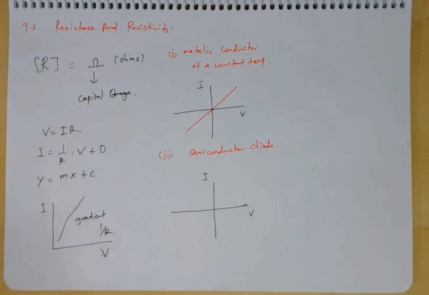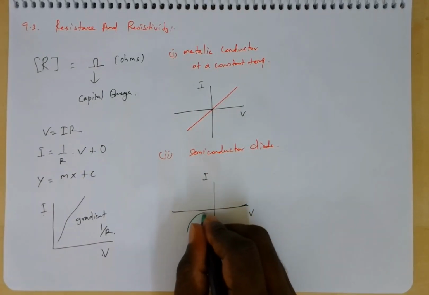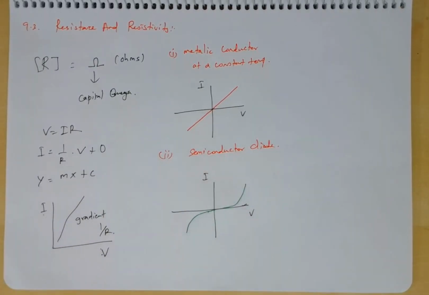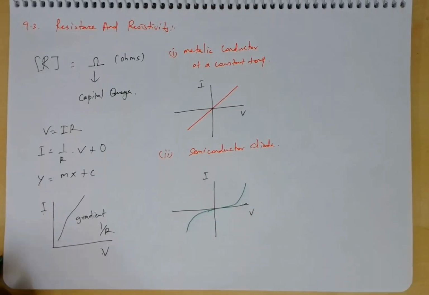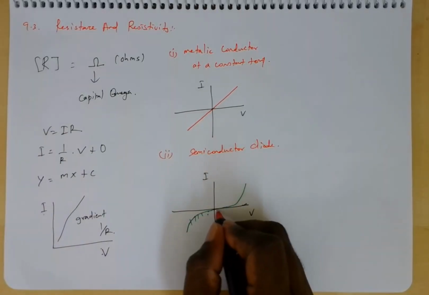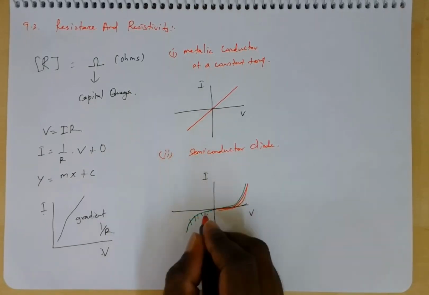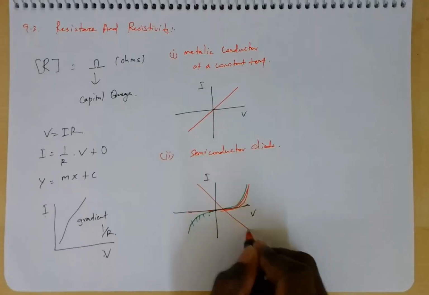So it looks like this. Sorry, this part must not be there. So only this red part. It should be just a straight line here. It should not be curving.